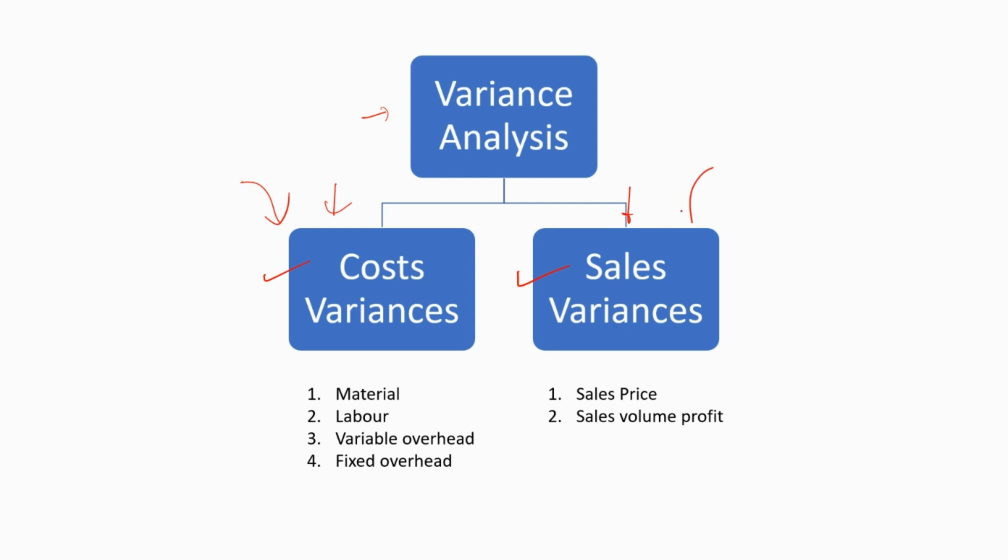And under sales variances, we have to calculate the sales variances and identify the reasons for the variances. Under cost variances, we will discuss material variance, labor variance, variable overhead variance and fixed overhead variance. Under sales variances, we will discuss sales price variance and sales volume profit variance.